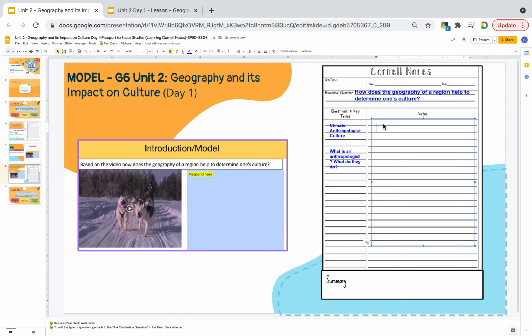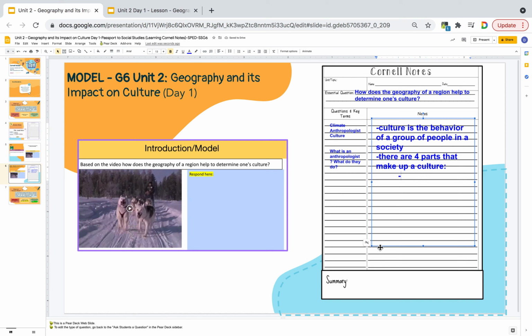And some things that I noticed about culture were culture is the behavior of a group of people in a society, and that there are 4 parts that make up a culture. And then I can go ahead and take even more notes if I need to on those 4 parts.